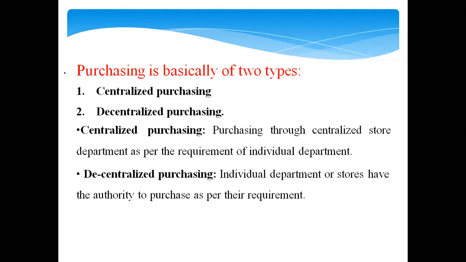Purchasing is basically of two types: centralized purchasing and decentralized purchasing. In centralized purchasing, as per the requirement of each individual department, you pick up all the requirements from all departments and purchase from the central stores.